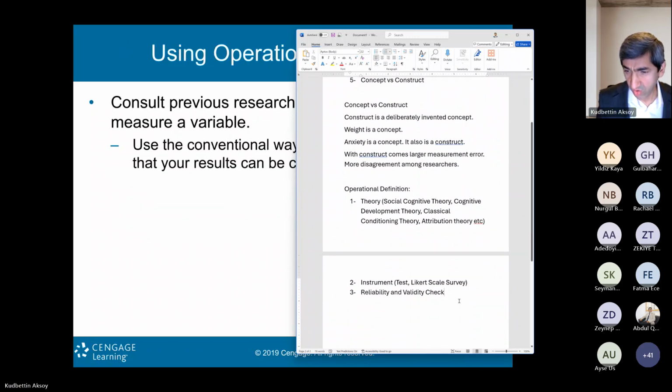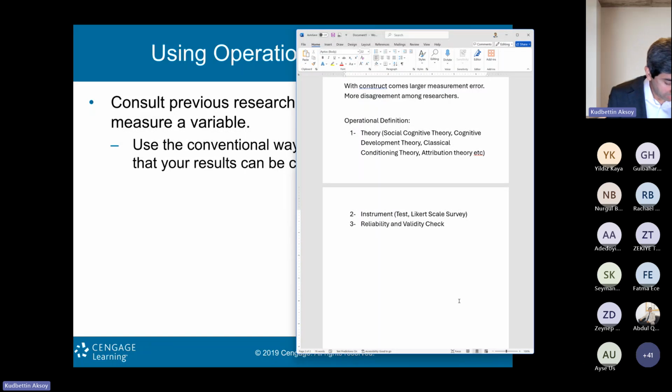For example, you want to know if test anxiety, I'm going to keep it very simple, test anxiety and math performance are related. That's what you want to know. So obviously, first you are going to define anxiety. You are going to provide the theoretical definition, and then you're going to provide an operational definition.